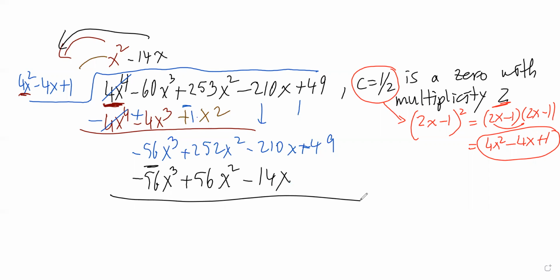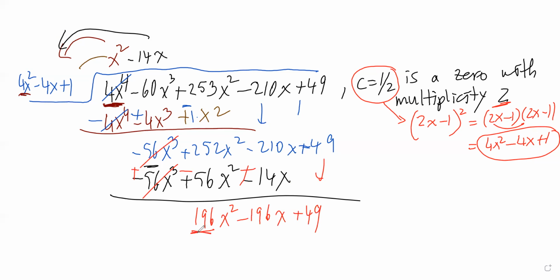Now change the sign, make that plus, minus, plus. These 2 cancel. Now we have 252 minus 56. That's going to be 196x squared. And then I have negative 210 plus 14. So that's negative 196x, and then you bring this down, 49.